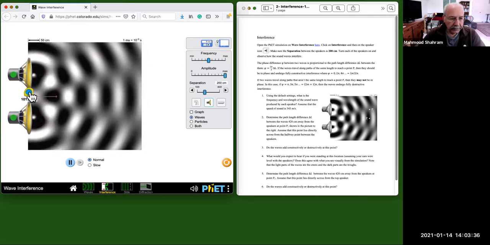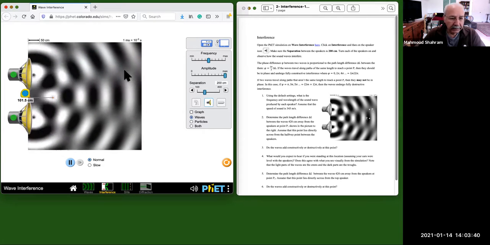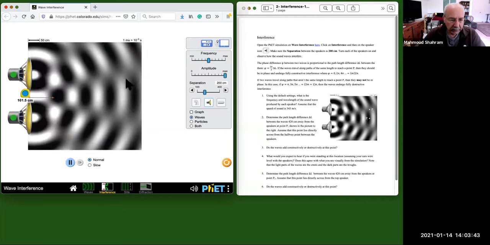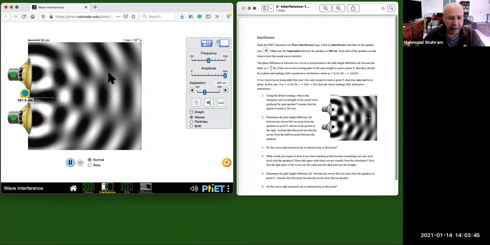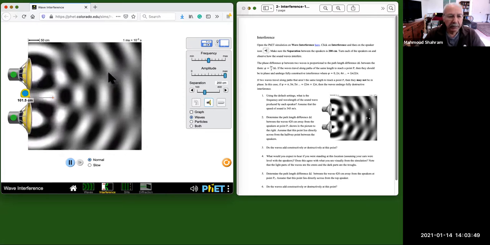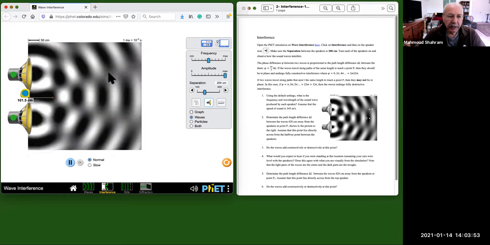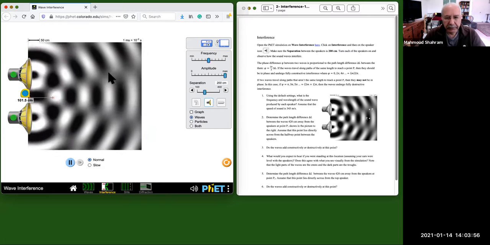In order to study the interference pattern, we can look at any point in this space and find out what is the amplitude of the waves that are superimposed on top of each other at those points.